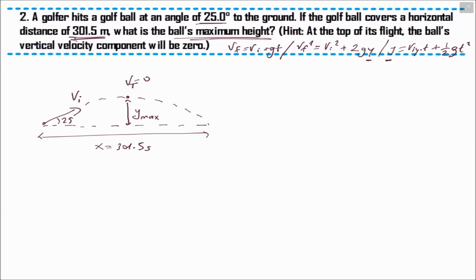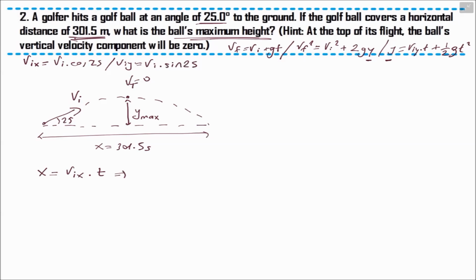So here x equals v initial x times t. I know this formula. And before it, what is v initial x? V initial x is v initial times cosine 25, and v initial y is v initial times sine 25.